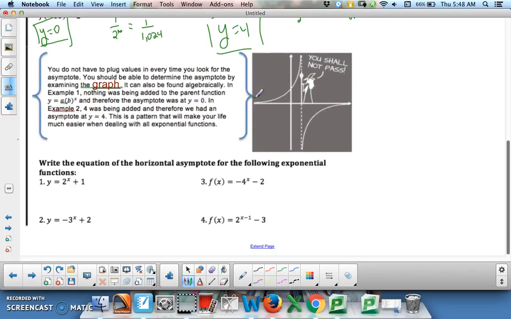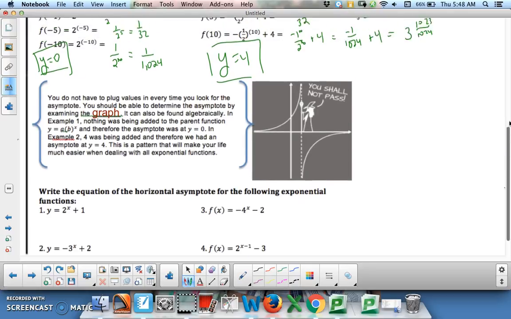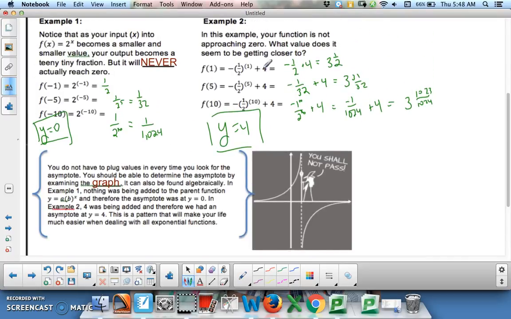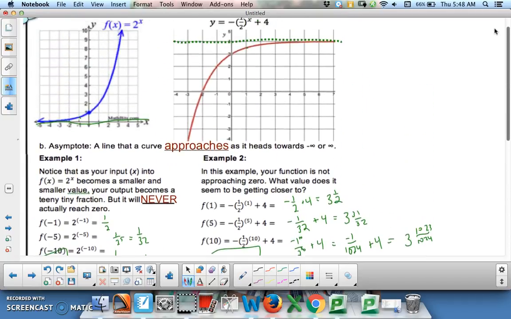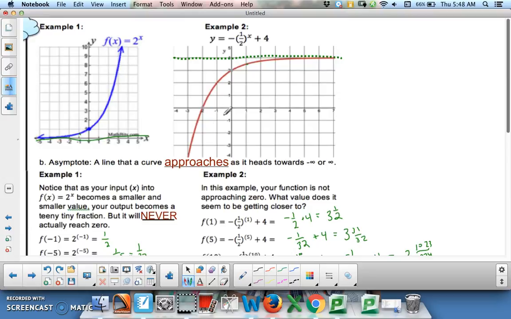You can also look at it just algebraically. You've got this basic function, y equals a times b to the x. If there's nothing being added there, then you can know that the asymptote is 0. Notice that in this example 2, we had that little plus 4. That's what made the asymptote be 4, because it basically took this graph that would have been running right along here, and it shifted it up 4.